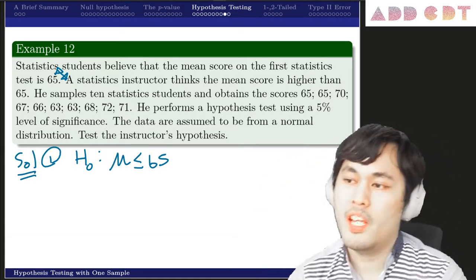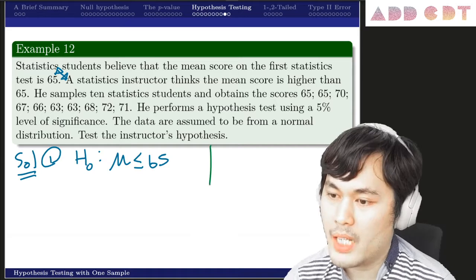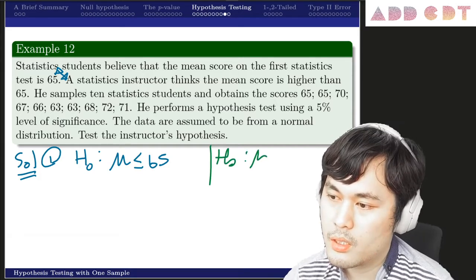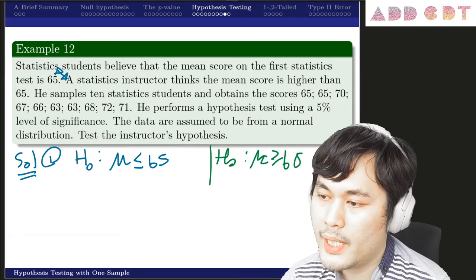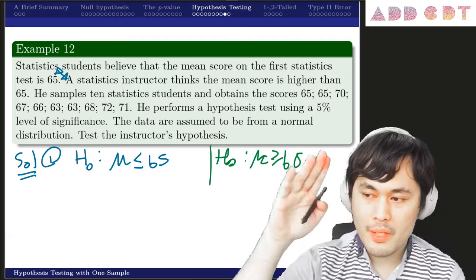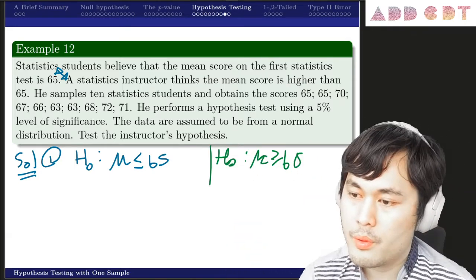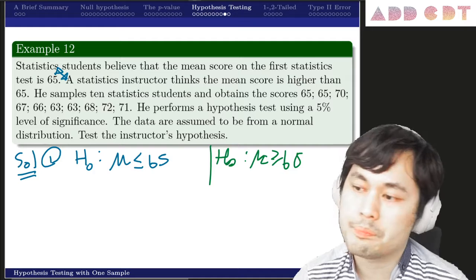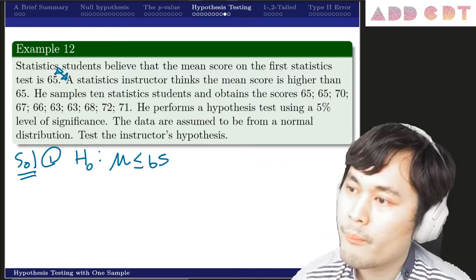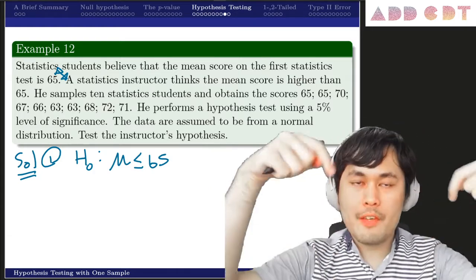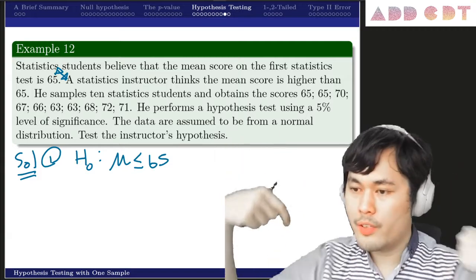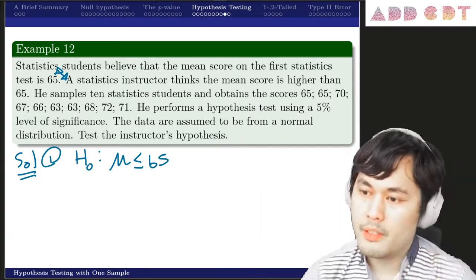It depends on how you approach this problem, but it is also correct to do it the other way. There's nothing wrong if you start with mu greater than or equal to 65 in the first frame. That's still fine. We are going to have a different conclusion, but both work.